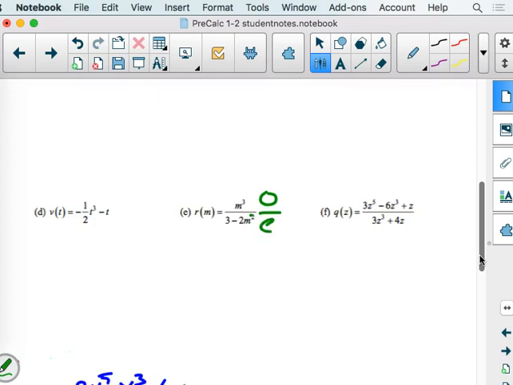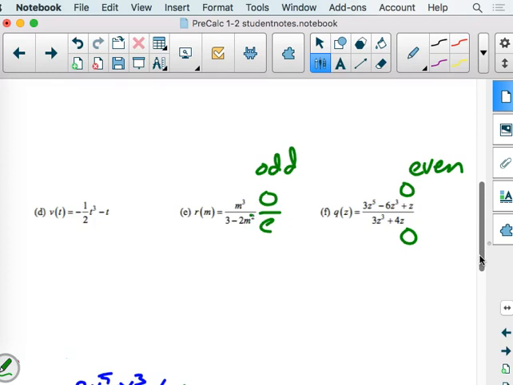So when we had odd divided by even, our answer came out overall as odd. And then for F, we had odd, odd, odd, and down here, odd and odd. But that didn't come out as odd when we got done. That came out as even.